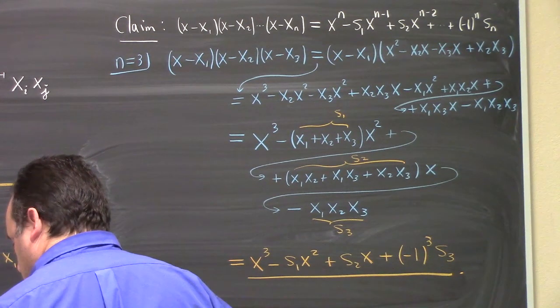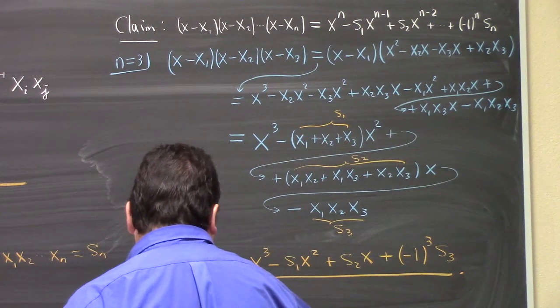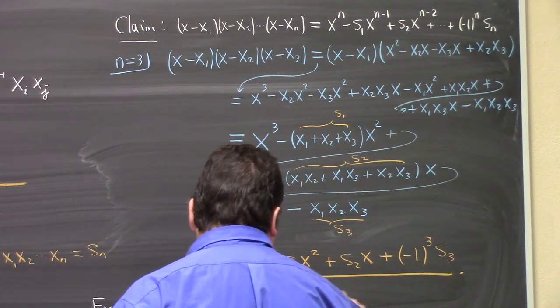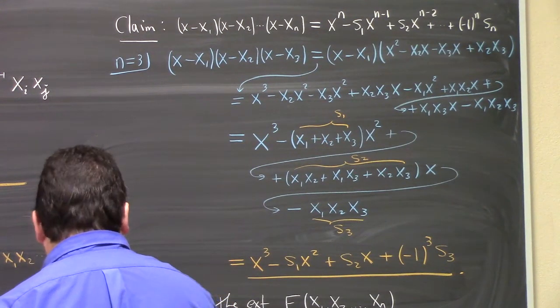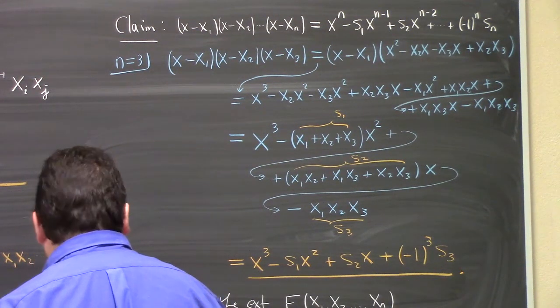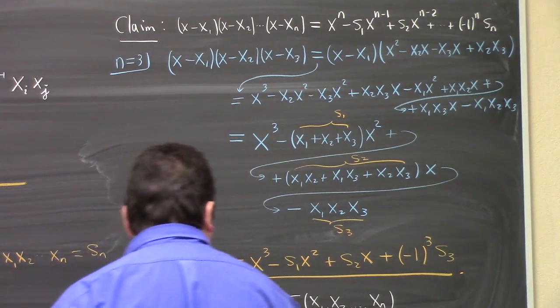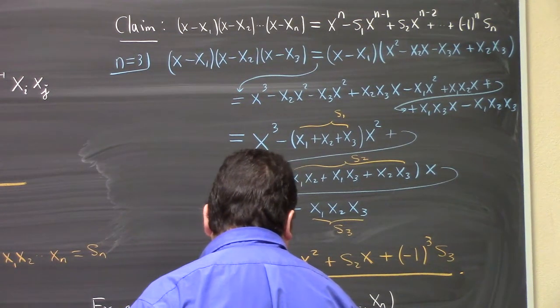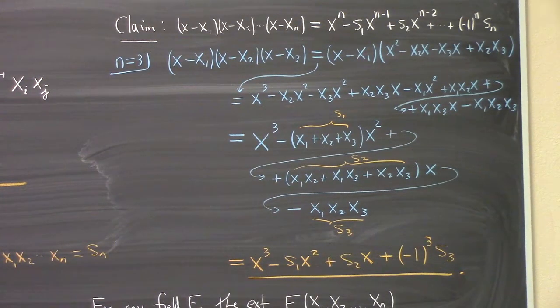The extension f of x1, x2 through xn, right, is a Galois extension of f of S1, S2, through Sn, since it's the splitting field of the general polynomial of degree n.